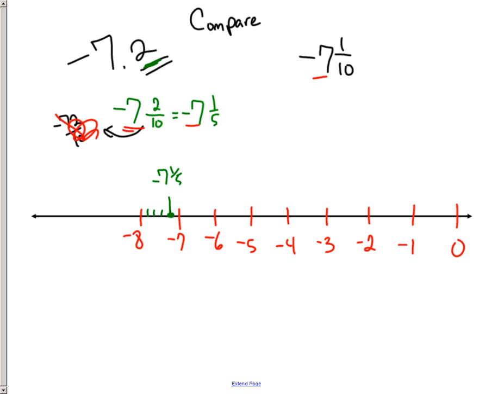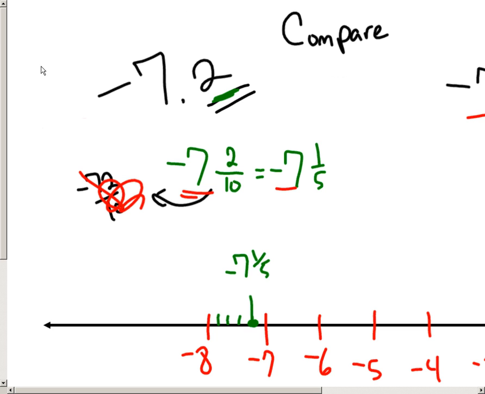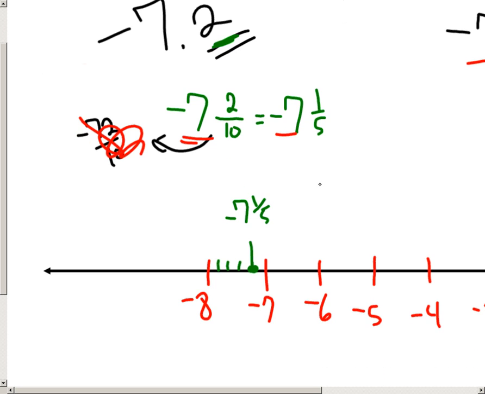Now, let me zoom in here, and we need to do negative 7 and 1/10. So let me see if I can zoom in here. There we go. So now I need to find out where this is on the number line.